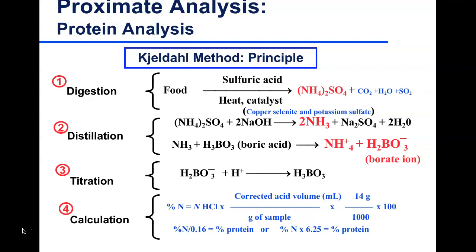So in the end, the moles of HCl you're titrating at the end equals the moles of nitrogen in your food.